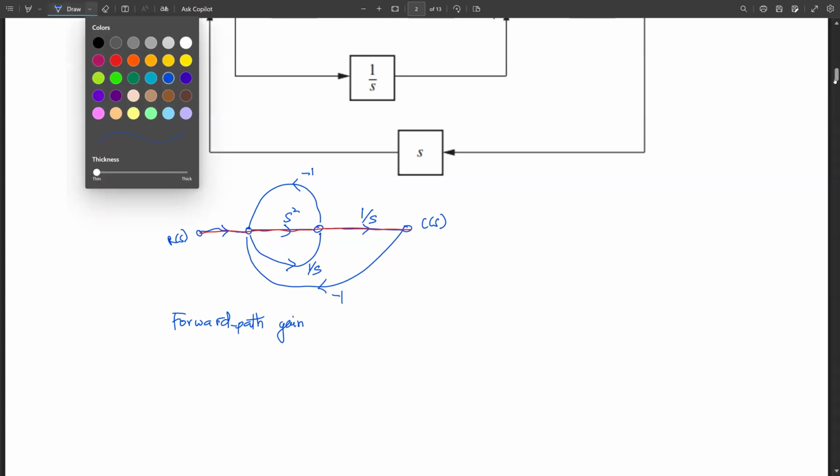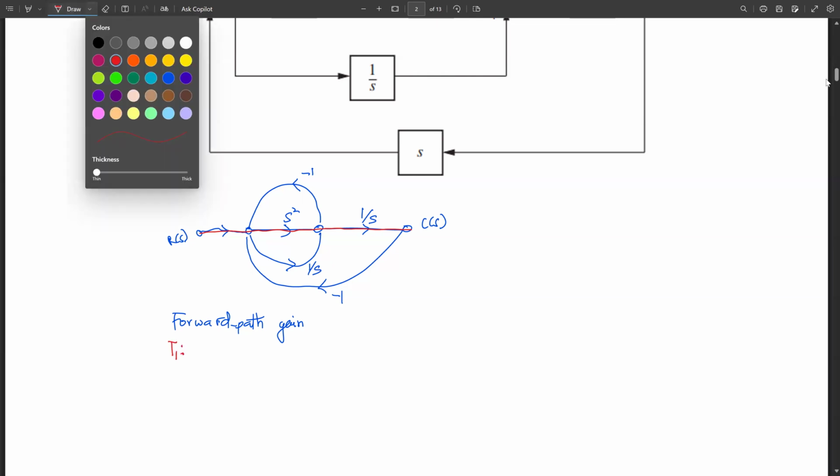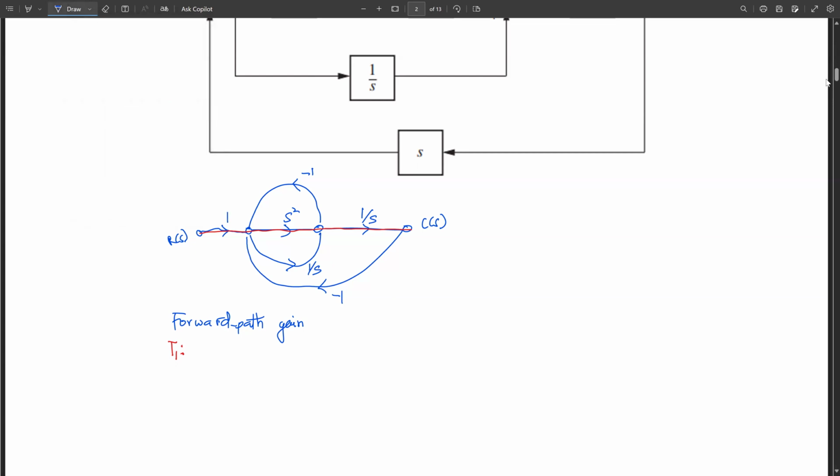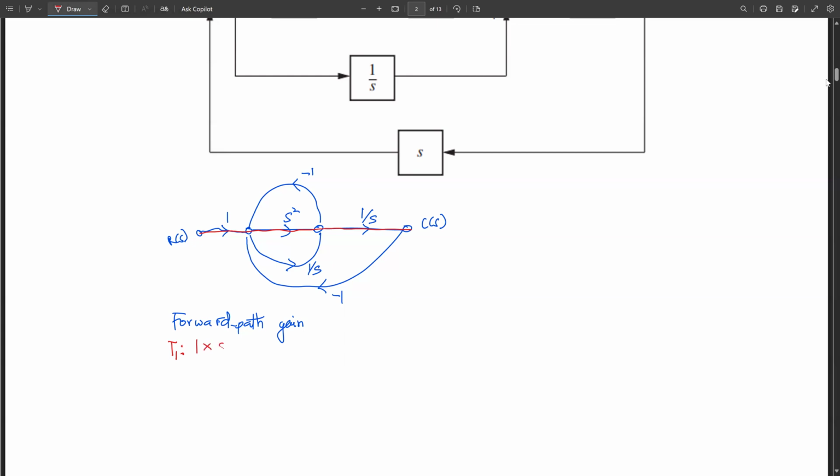The first forward path is T1. And then it has the gain 1 times S squared times 1 over S. So when you simplify, you get S.